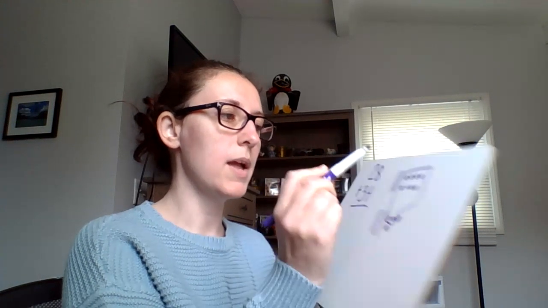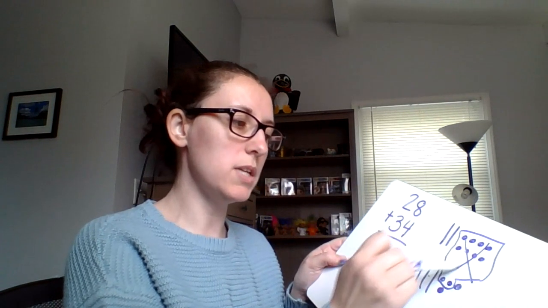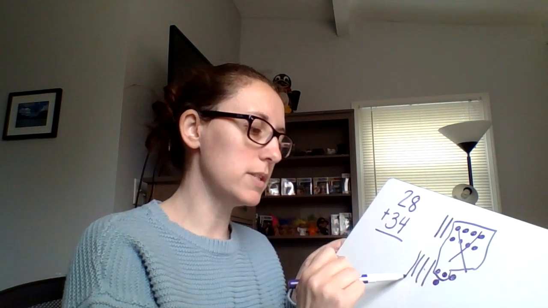So what I'm doing is I'm adding that group of 10 to the tens. I'm going to count 1, 2, 3, 4, 5, 6, 7, 8, 9, 10. I'm going to group it together, and I'm going to exchange it for another 10.